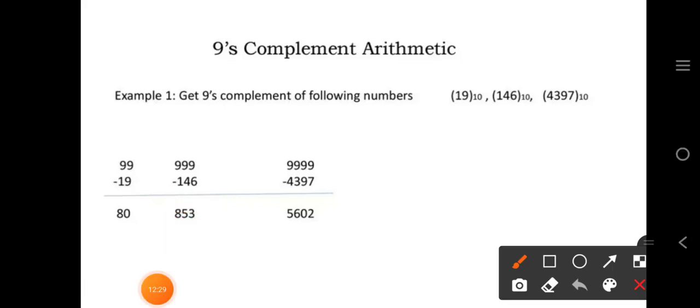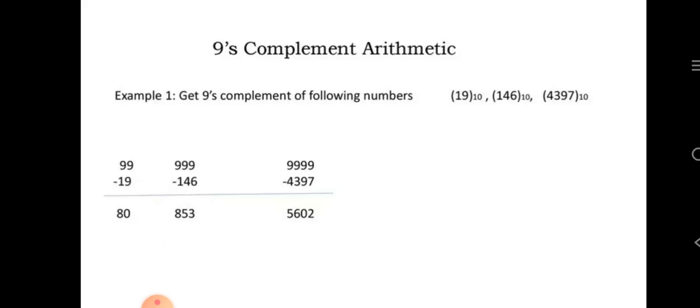It is the 9's complement of the decimal number 146. And in the third example, 4397 is subtracted from 9999, so you will get the output 5602, which is the 9's complement of the decimal number 4397. Okay, so this is how to calculate the 9's complement.